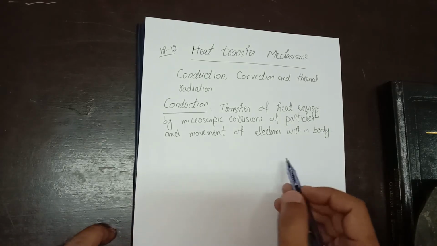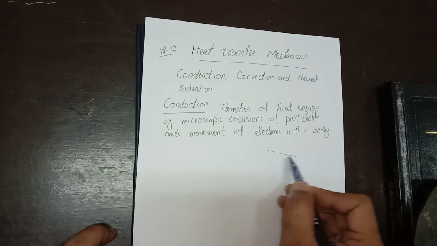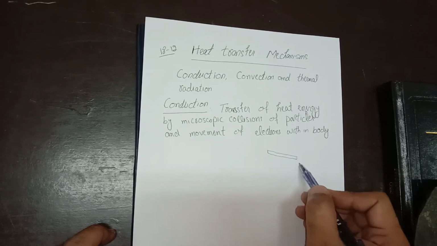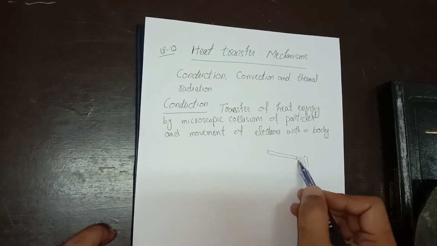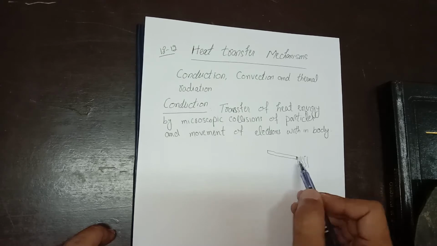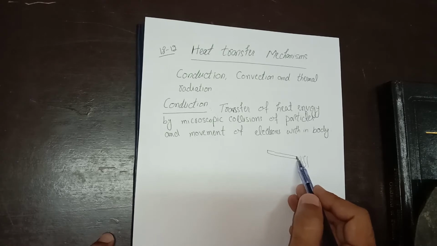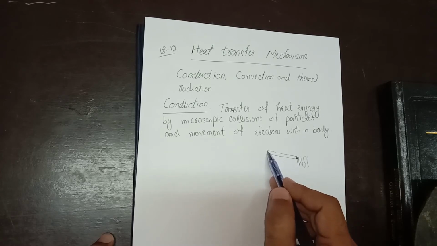Suppose you have an iron rod and you bring it near fire. This end of the rod is, let's suppose, in contact with this fire. So these atoms will absorb heat energy, and transfer it from this end to that end through collision of the atoms.